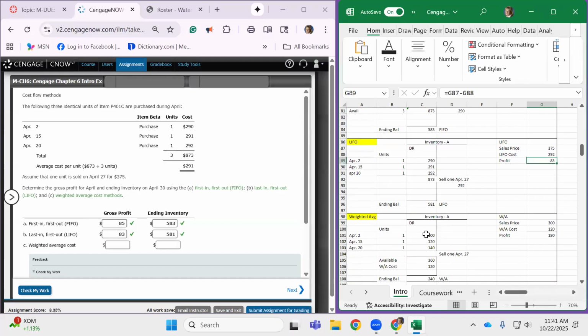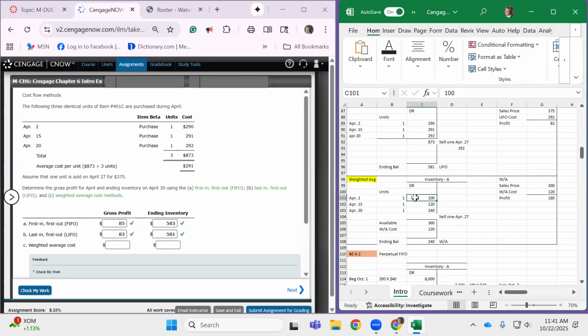All right, the last one we're going to do is weighted average. So let me put the costs in, 291 and 292. And once again, 873 is the available that we have. But now we want to find the weighted average. How do you find the weighted average of something?